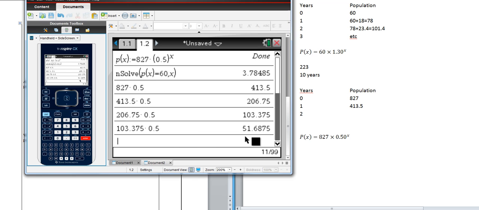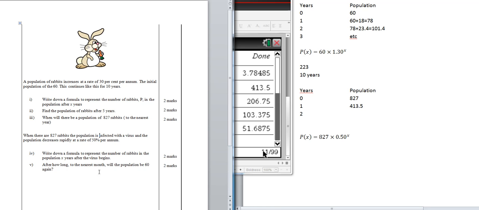So after 4 years, it's a little bit less than 60. So exactly 60 is going to be 3.8 years. So it seems to be reasonable what we come up with here. So to the nearest month, 3.78.